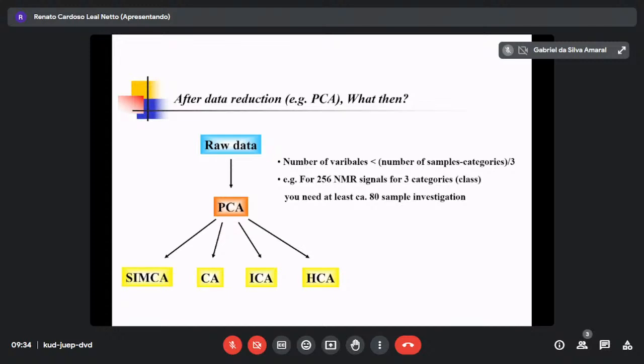The number of variables should be less than the number of samples minus the category classes. If you put 10 categories or 20 categories, it means you need more samples. Now, if you have only three classes, with NMR spectra of 256 variables, you need at least 80 samples. Can you imagine? If you increase the categories a lot, then you need 200 samples, 300 samples.